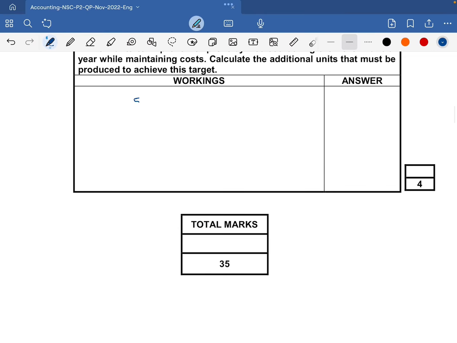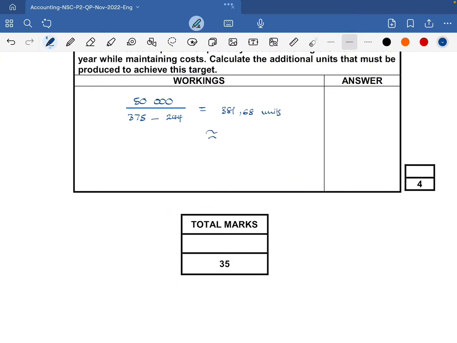So we're going to have the 50,000 over the 375 selling price per unit minus the 244 variable costs per unit. And then we have 50,000 over 375 minus 244. So that then is 381.68. Okay, so those are not rands, it's just units.